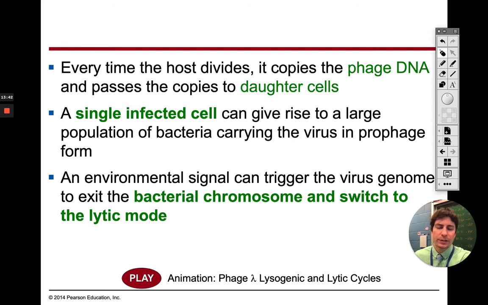Now, why would it want to do this? Well, that bacteria cell, even though it's infected, is going to continue living its life. It's going to reproduce, make more bacteria cells, and each one of those bacteria cells that it makes is going to have that viral DNA attached to it.